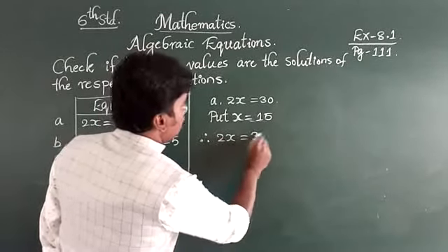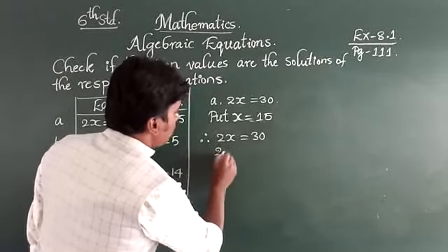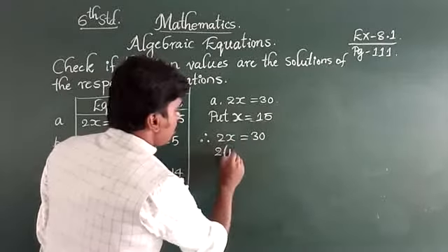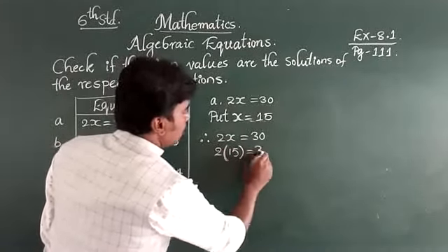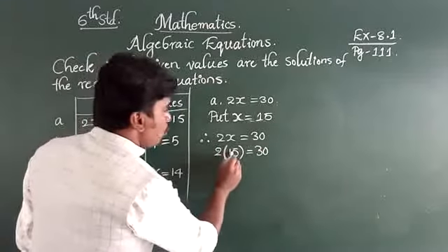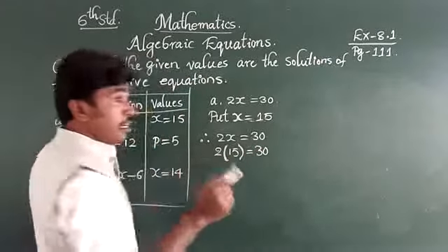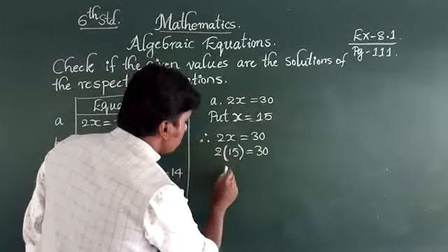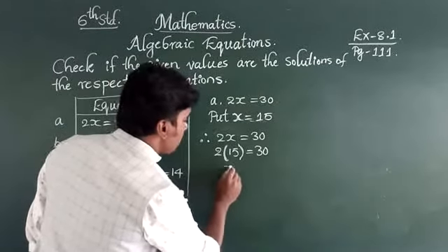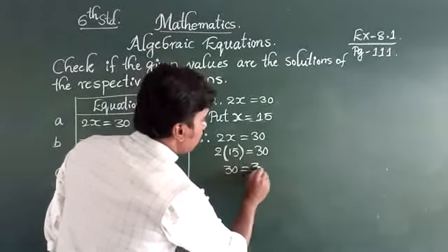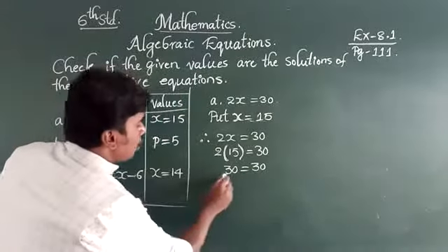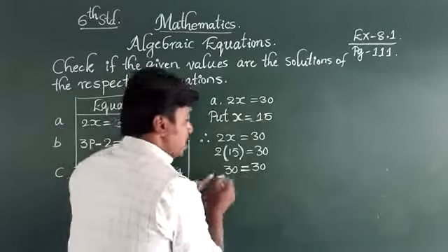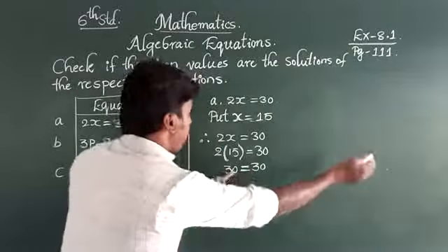2x is equal to 30, and 2 into x value 15 is equal to 30. Dear students, 2 into 15, this bracket indicates that it is multiplication. 2 into 15, 15 twos are 30, 30 is equal to 30. So here this 30 is there in left hand side and this 30 is there in right hand side.